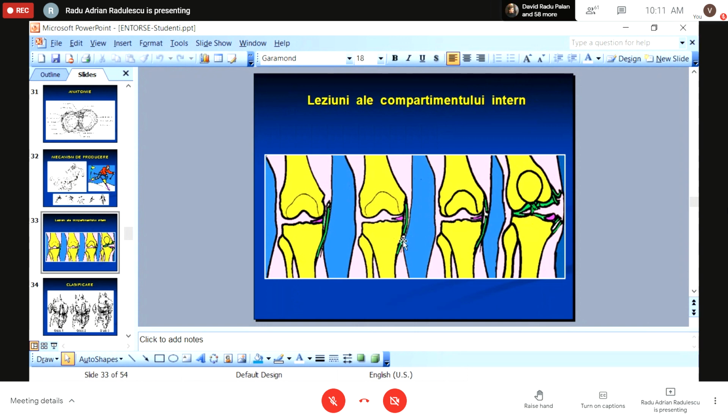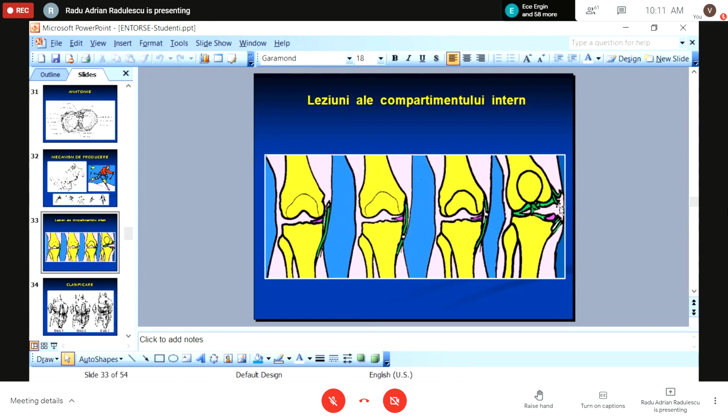Here, the same thing, but the detachment was from its distal attachment. Or, that's very rare, in fact, we may get a lesion in the middle of the ligament, in the fiber tissue.